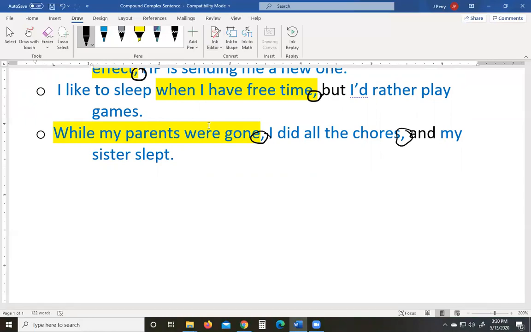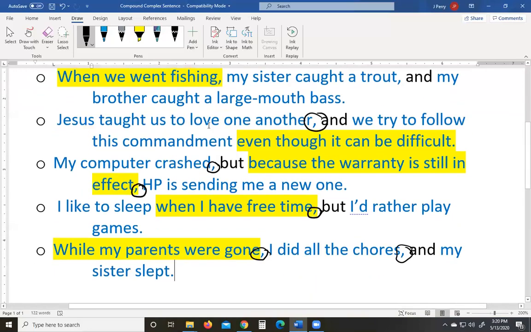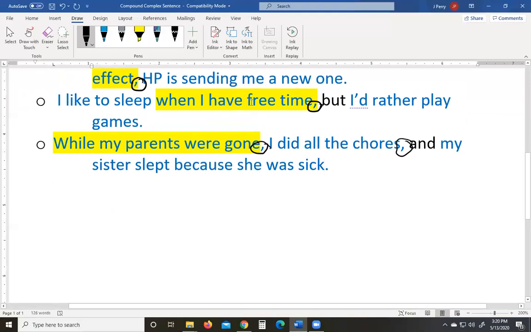I took something out. The rule is at least two independent clauses and at least one subordinate clause. But that doesn't mean that I can't have a second dependent clause. So the reason that my sister slept is because she was sick. So we've got another dependent clause here, but because it's followed by that independent clause, we do not put a comma there. I could keep going. There's one more thing I could probably add to this.